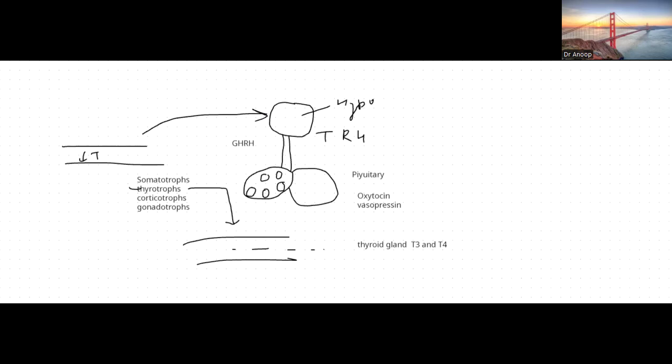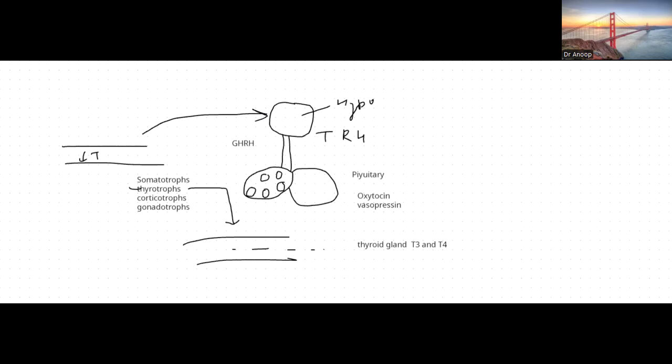Like that, there are corticotrophs. When ACTH synthesis is decreased, corticotrophs are the cells which do the synthesis and release of ACTH. It then stimulates the hypothalamus, which in response releases CRH, corticotropin releasing hormone.